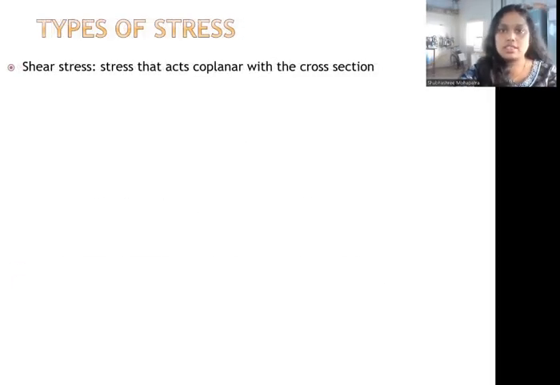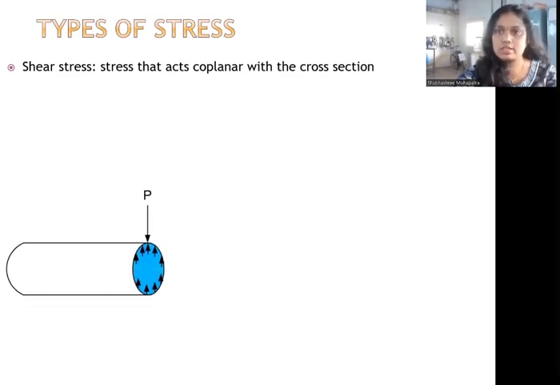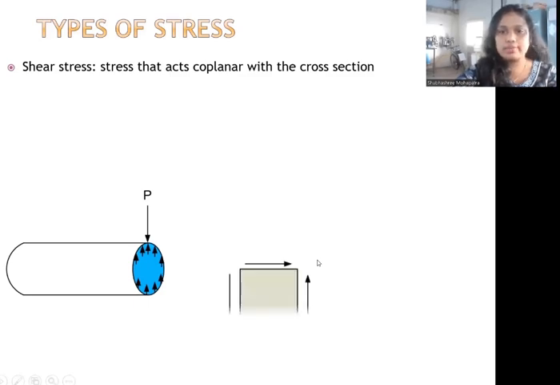Next, shear stress always acts coplanar with the cross-section. Here you can see in the diagram, this force P is applied coplanar with that cross-sectional area. Because of this force, an equivalent force will also generate as a resultant force. If we see it in a 2D diagram, here you can see, this will be a force. For the equilibrium, there will be another force also.